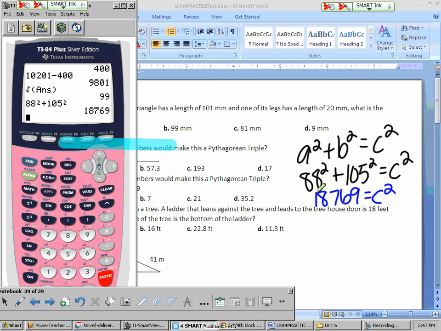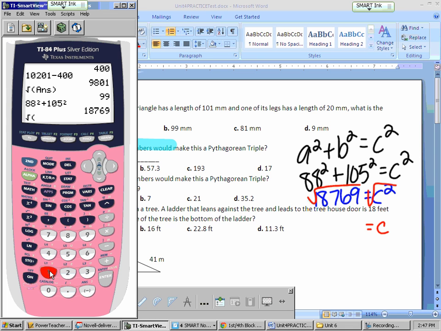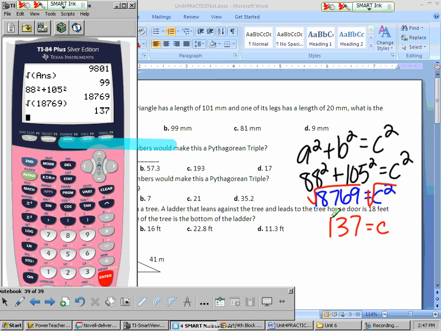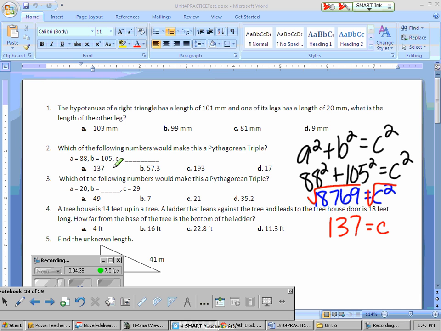Just like before, we take the square root of both sides. The square root of C squared is C, and the square root of 18769 is 137. So 137 is answer choice A.